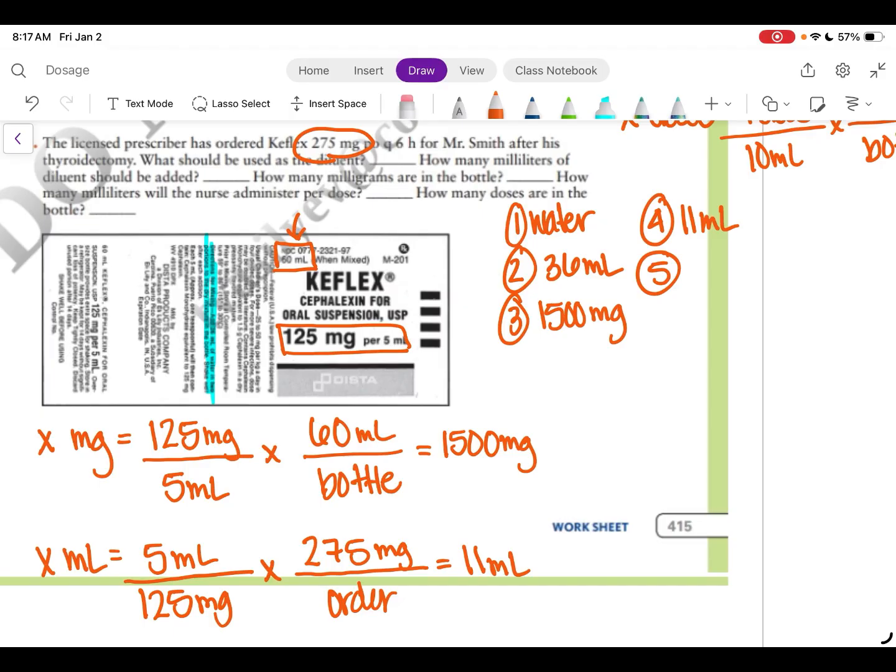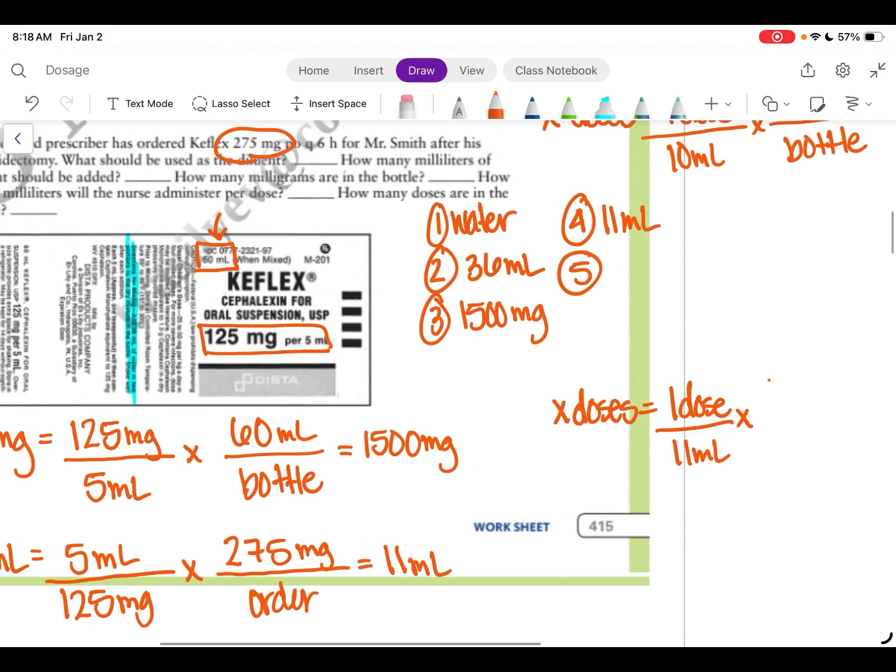And then final question, how many doses are in the bottle, right? So X doses, we know one dose is 11. And from the label, we know that the whole bottle is 60 milliliters.